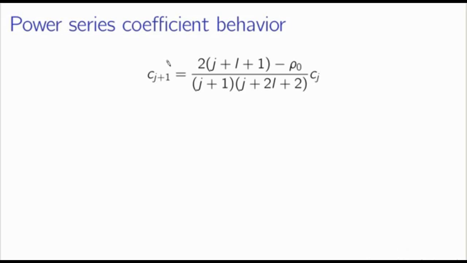And if I make a large j approximation here, I have a j in the numerator and a j squared in the denominator, effectively. So what I'm going to end up with is something like c sub j plus 1 is approximately equal to, for very large j, 2 over j plus 1 times c sub j.